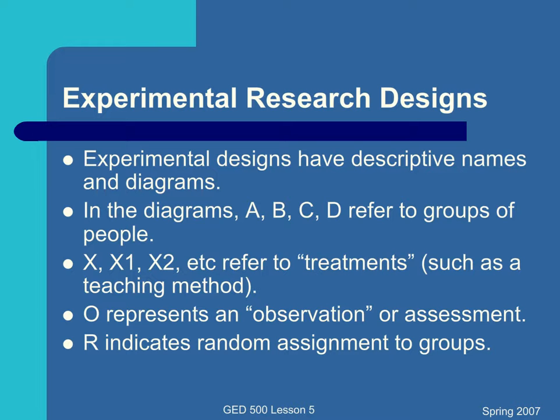And then R stands for random assignment. So you're randomly assigning people to different groups. So if you have a large number of participants, this means that you're not conveniently placing students in a particular class or a particular teaching method. They're randomly in different teaching methods.